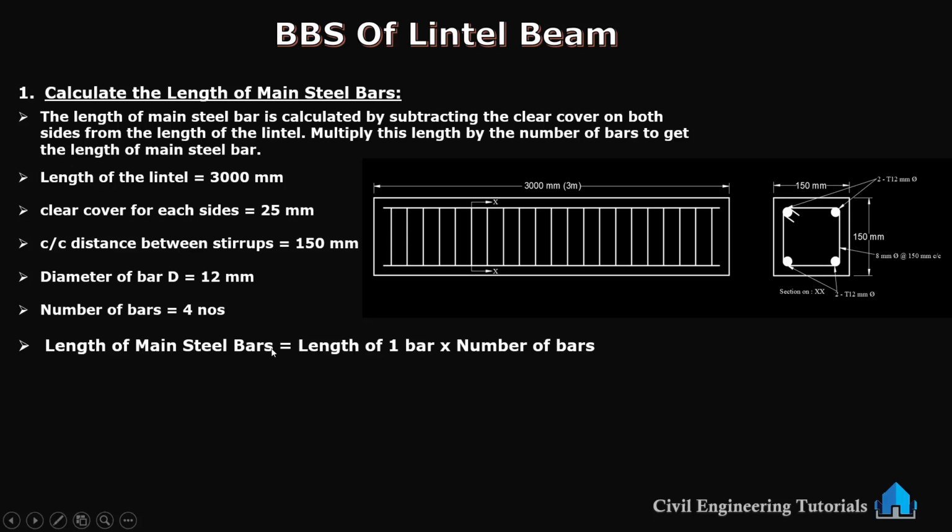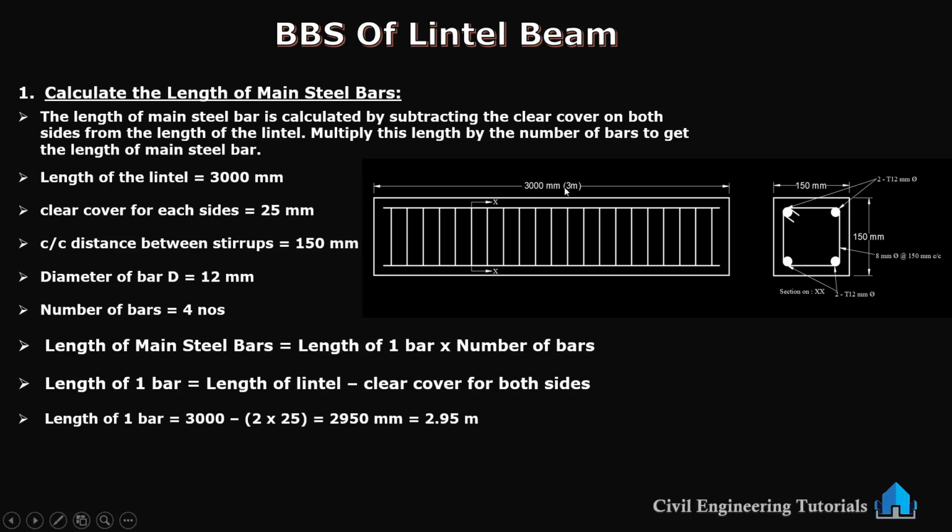Now length of main steel bar, its formula is length of one bar into number of bars. So first I have to calculate length of one bar. Length of one bar is length of lintel minus clear cover for both sides.